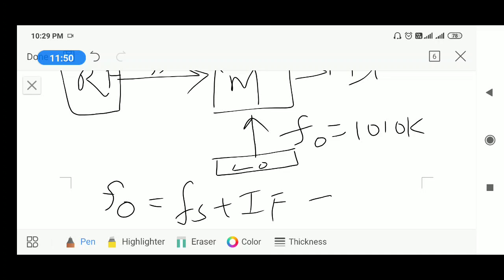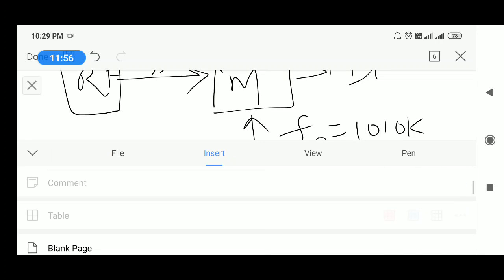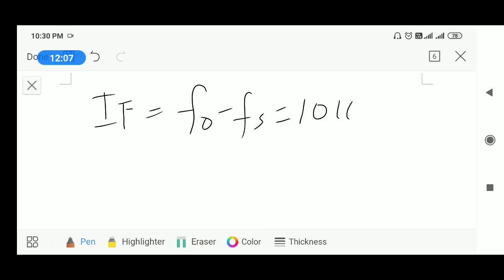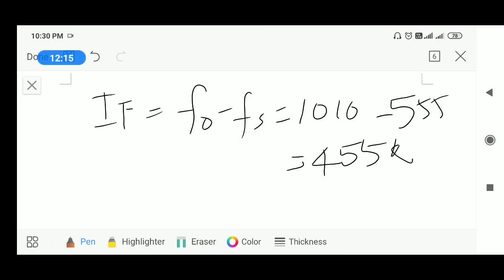That means the formula for IF is F0 minus Fs. What is F0? 1010 kHz minus 555 kHz. Finally, the value of IF is 455 kHz.